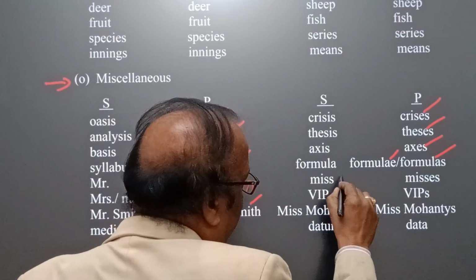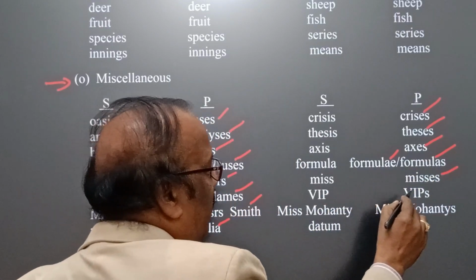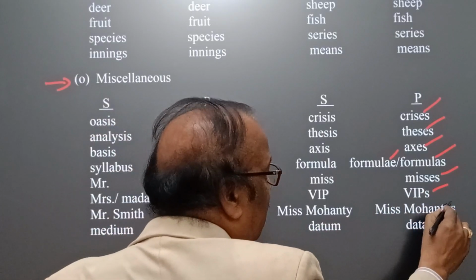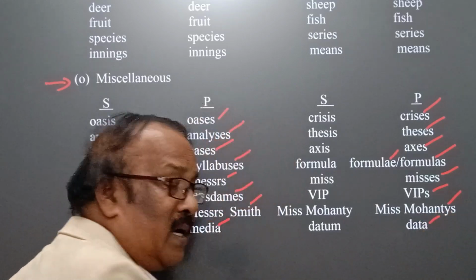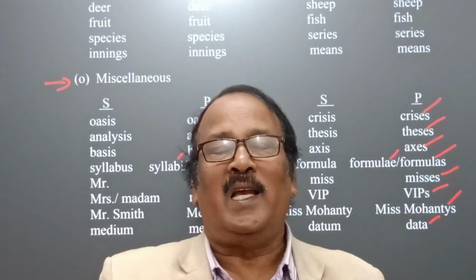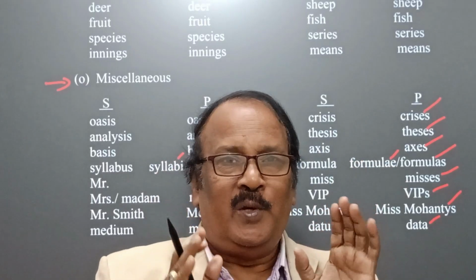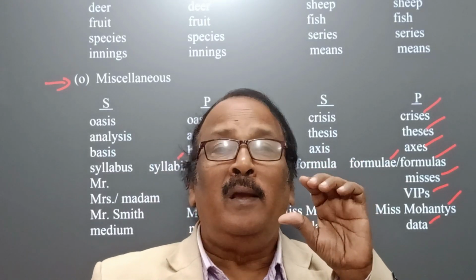Both are correct. Miss, Misses. VIP, VIPs. Miss Mahanti, Miss Mahantis. Datum, data.